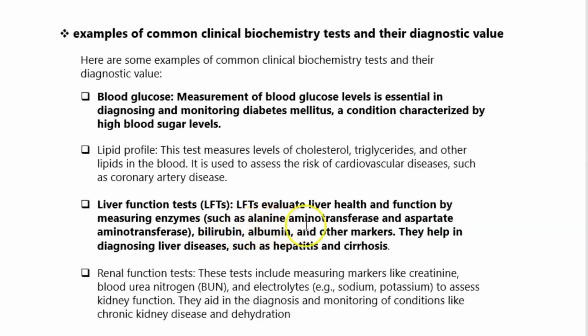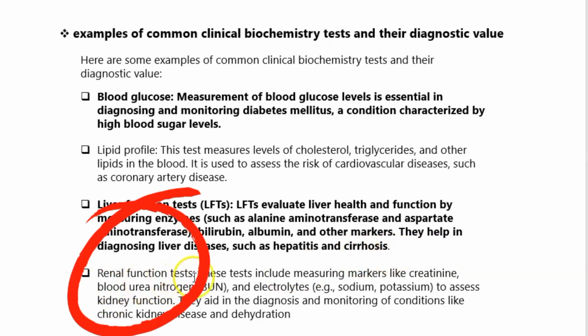Enzymes such as alanine aminotransferase, aspartate aminotransferase, or some proteins, albumin, bilirubin, and other markers. As I have called the names of all these markers, they will help us as an indication for diagnosis of what? Liver disease. Liver disease such as hepatitis and liver cirrhosis.